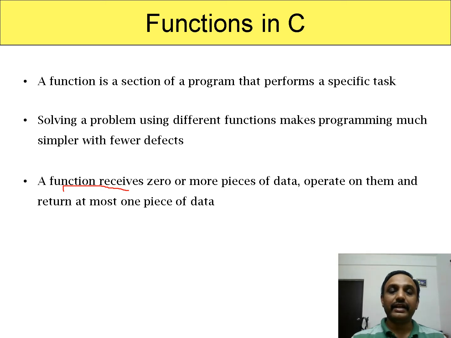After that, it returns at most one value. That is the basic thing in any user-defined function or system-defined function: any function receives zero or more arguments and returns at most one value.